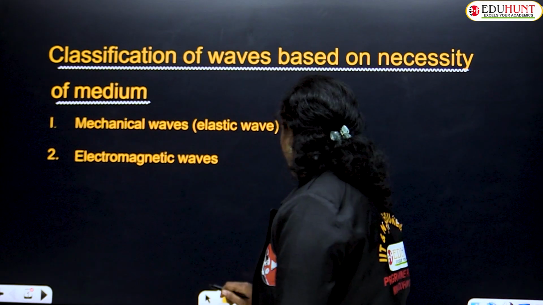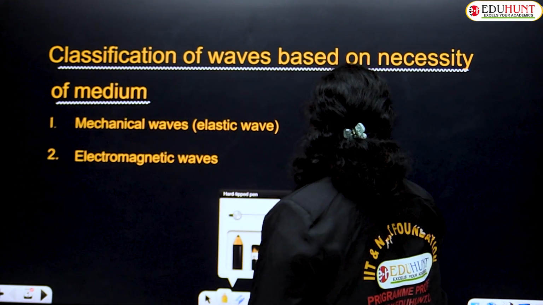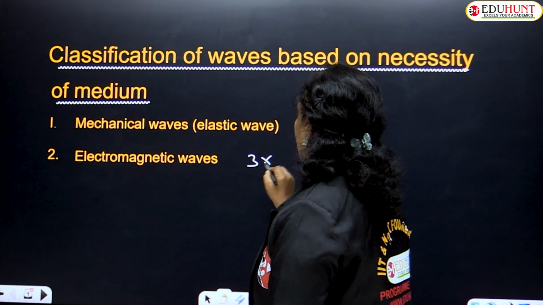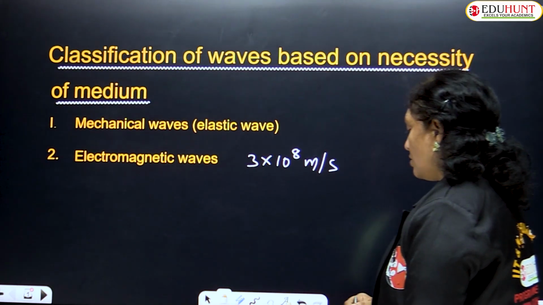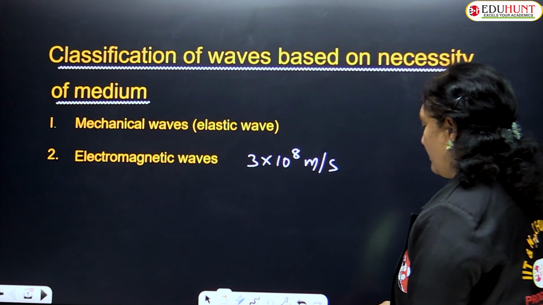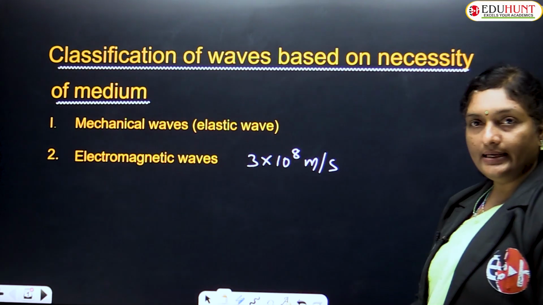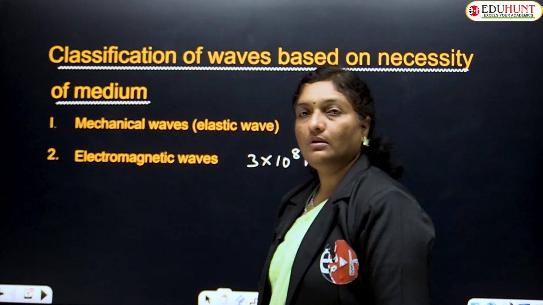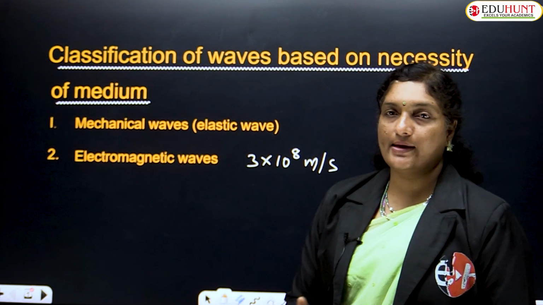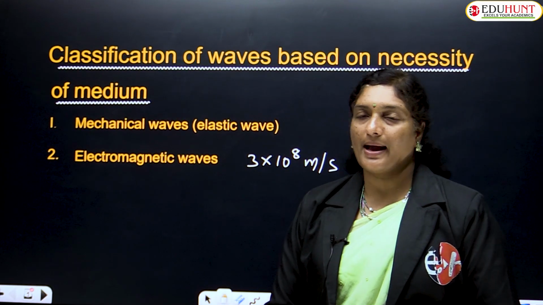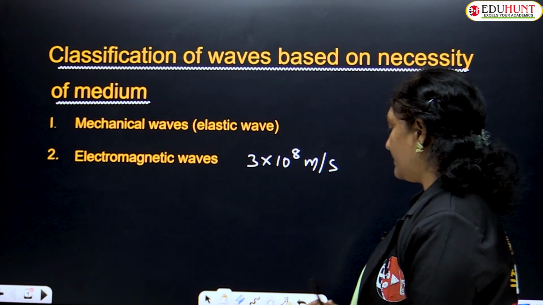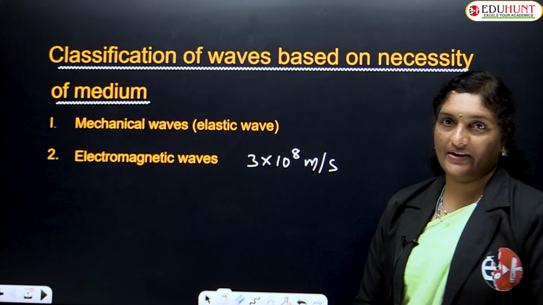That means the speed of electromagnetic waves is around 3 into 10 power 8 meter per second. So as I told you, the examples for this are light waves, gamma rays, infrared rays, X-rays, microwaves and so on. So now let us move to the other classification of waves.